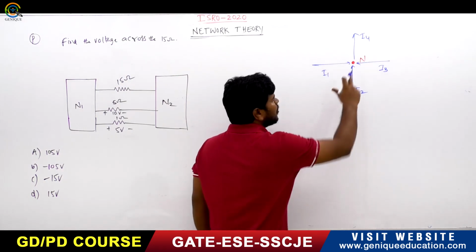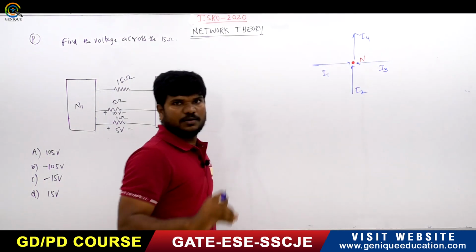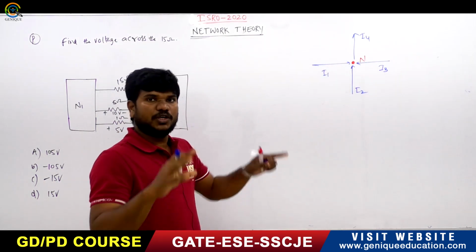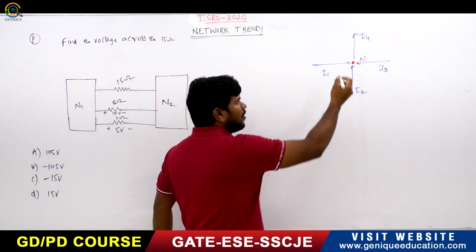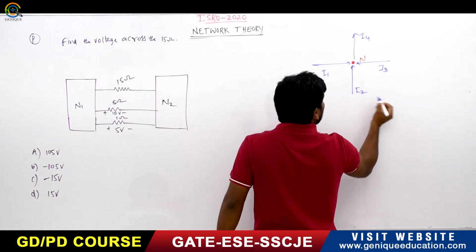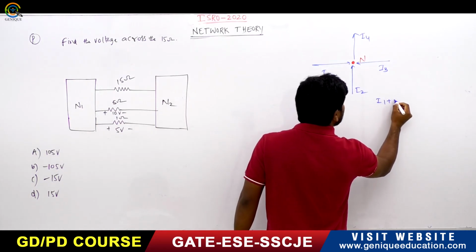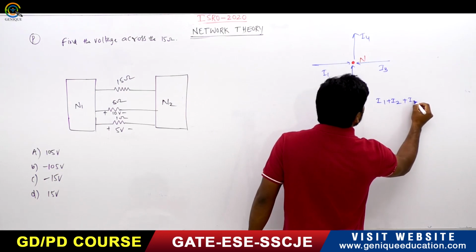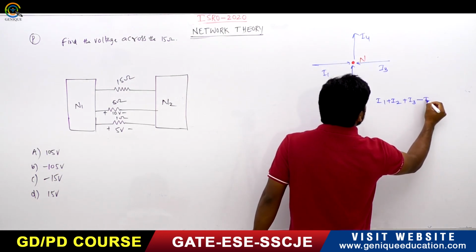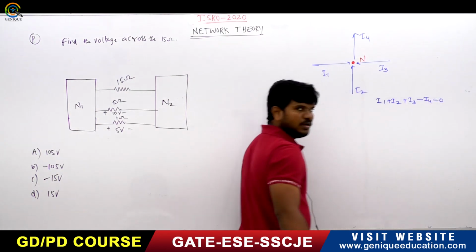So for any node or network, the algebraic sum of the currents must be 0. That means I1 plus I2 plus I3 minus I4 is equal to 0.